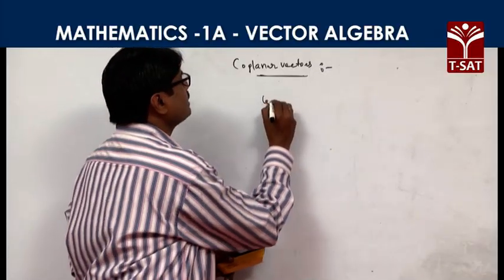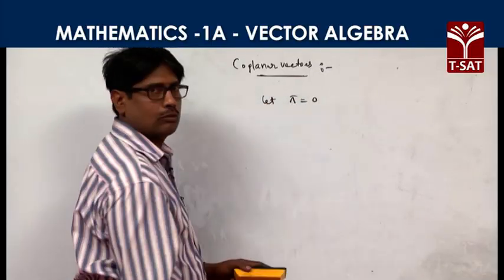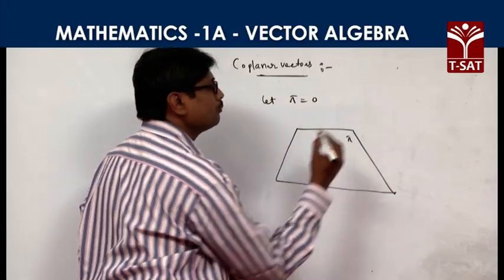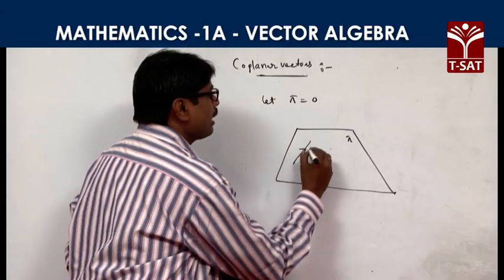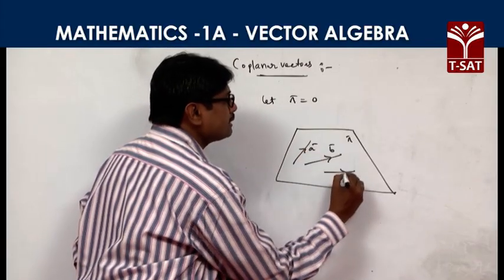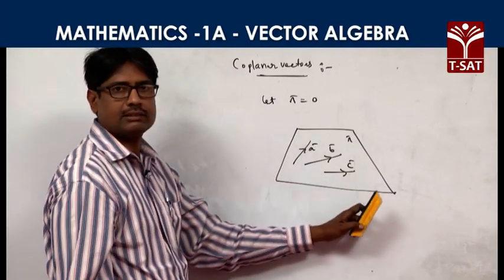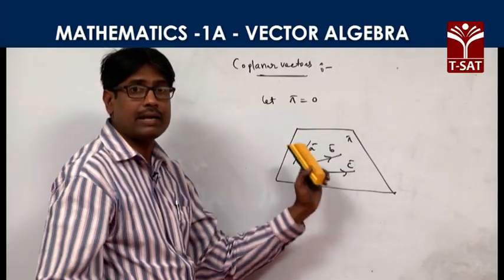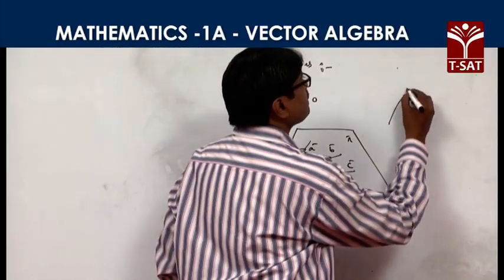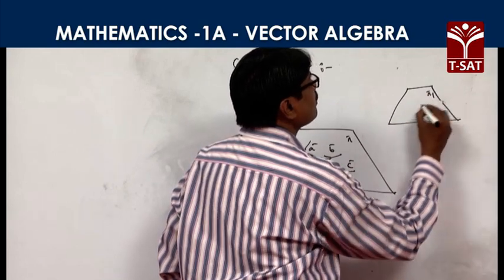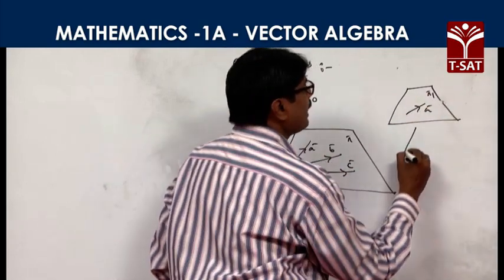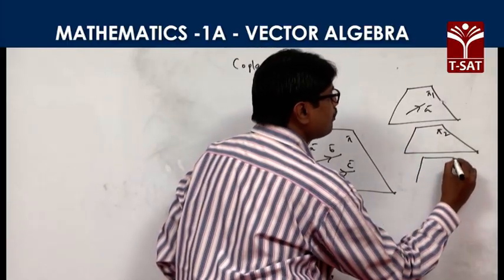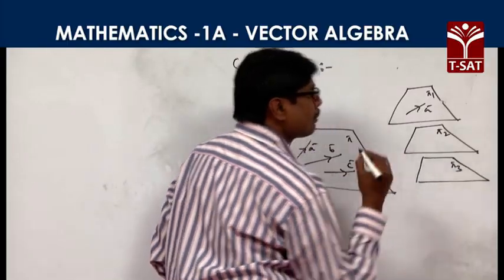For example, a plane is always denoted by pi is equal to 0. Consider one plane pi, and three vectors A bar, B bar, C bar. If they lie in the same plane, then we call these three vectors coplanar. Consider three planes, pi 1, pi 2 which is parallel to pi 1, and pi 3 which is parallel to pi 2.